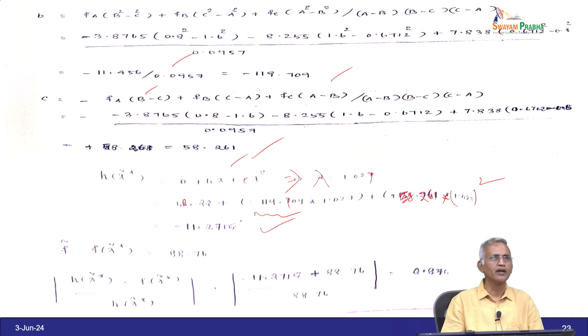Therefore, F equal to F of lambda star tilde equal to 88.76.